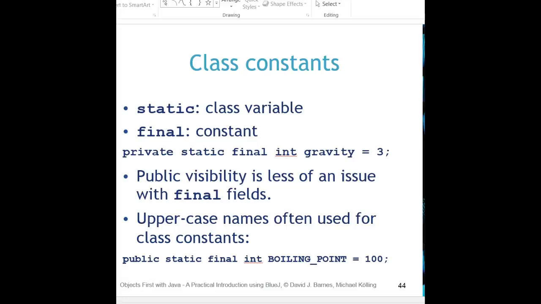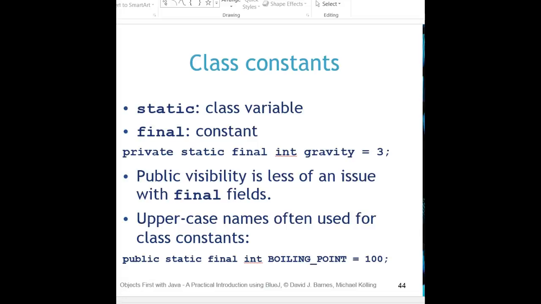If we use static, it's a class variable, and if we use final, it's basically a constant. Sometimes you can use the final and static keywords in combination, which here gives you private static final int GRAVITY = 3. The gravity from our bouncing ball project is another example of a constant.